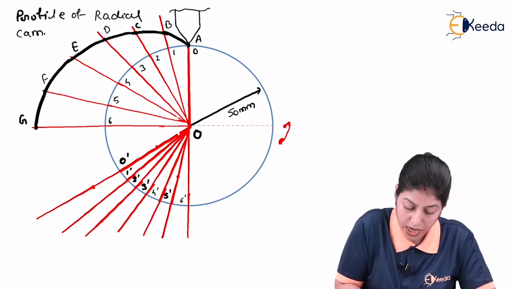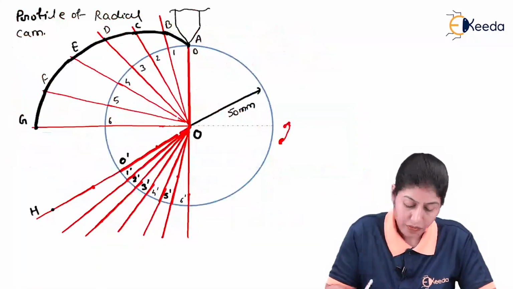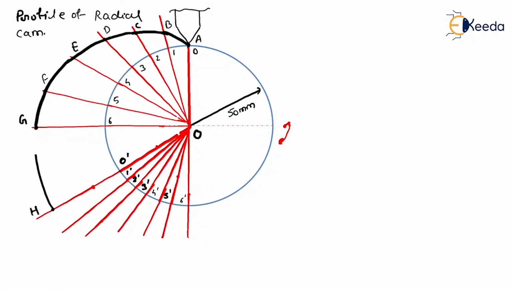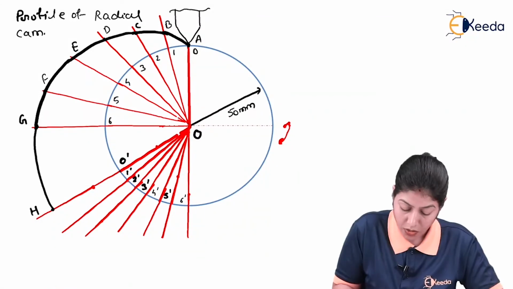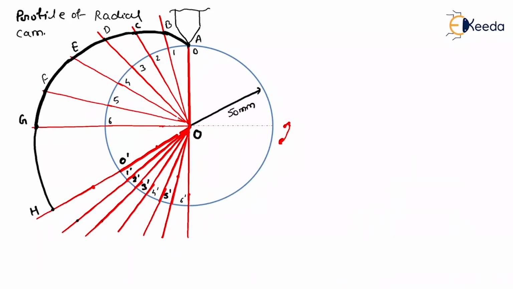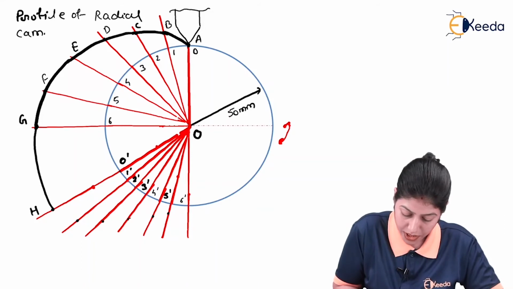So from this diagram, 0 dash to H, we will mark this particular point. So we will join G and H. Now further we will mark 1 dash J, 2 dash K, 4 dash L, 5 dash M, and then 6 dash.